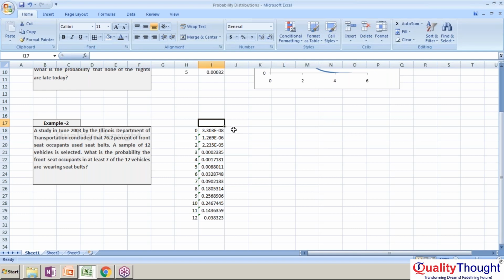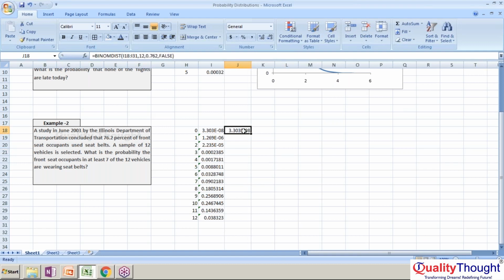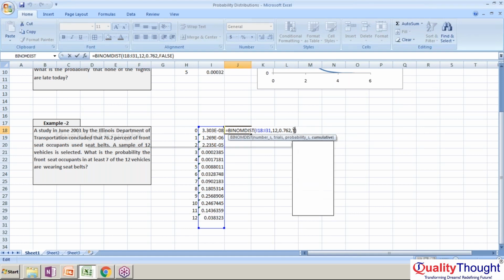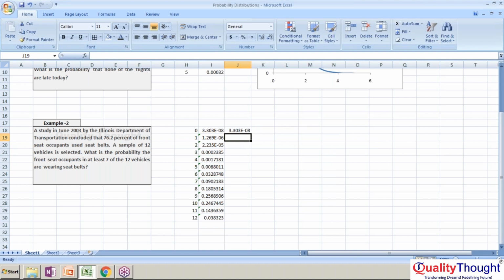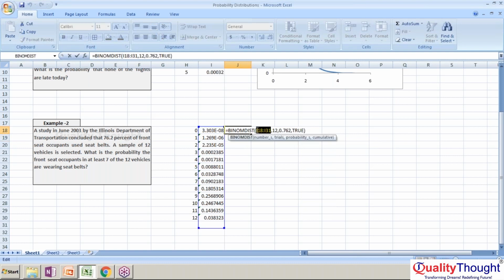We will take a cumulative also. Copy, paste. Now let us try the different one. Instead of giving false here, what I will give is true, and also we'll give something like this.